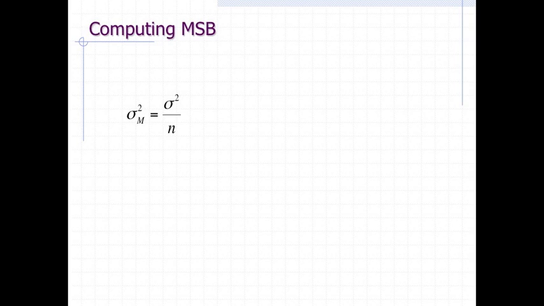For the Smiles and Leniency data, the variance of the 4 sample means is 0.270. To estimate sigma squared, we multiply the variance of the sample means, 0.27, by n, the number of the observations in each group, which is 34. We find that MSB is equal to 9.18.